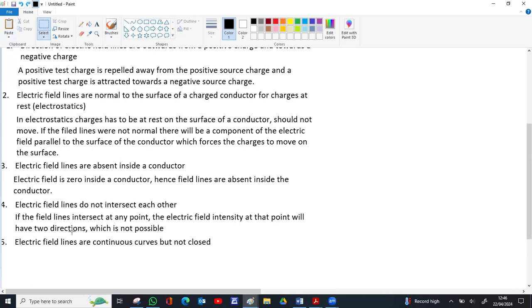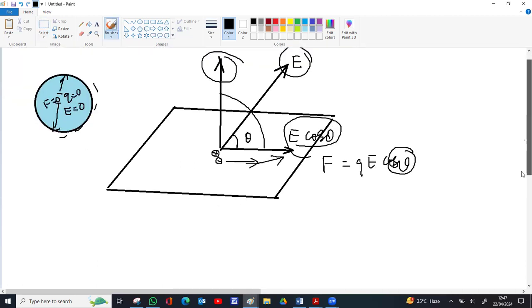Another one: electric field lines are continuous curves without any break. There's no break for an electric field line. If there's a surface, there can be a break. Otherwise, wherever electric field is there, it cannot have a break. And it is not closed. The field line cannot form a closed path. Meaning, if you draw an electric field line, it must be continuous like this.